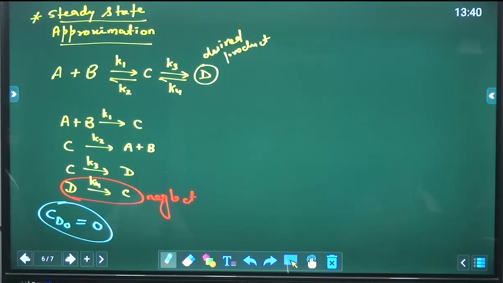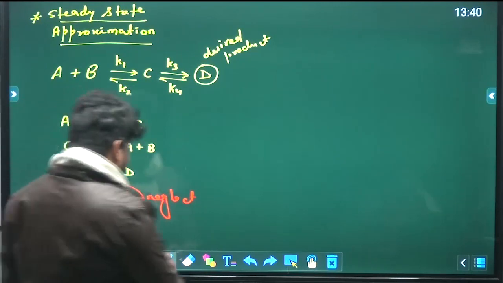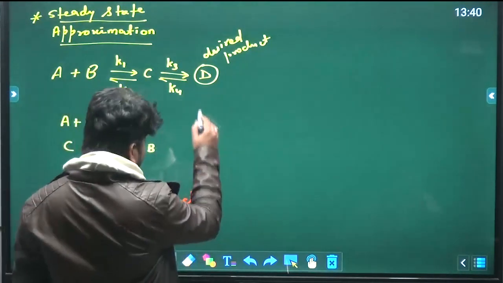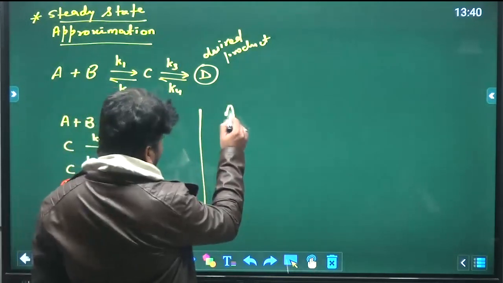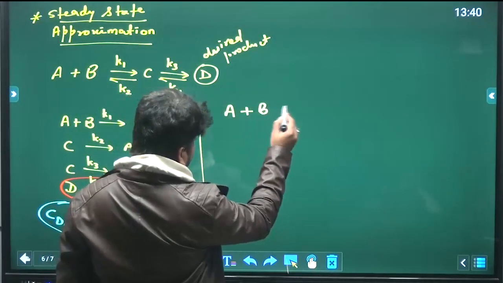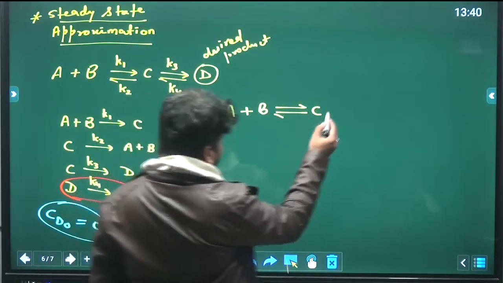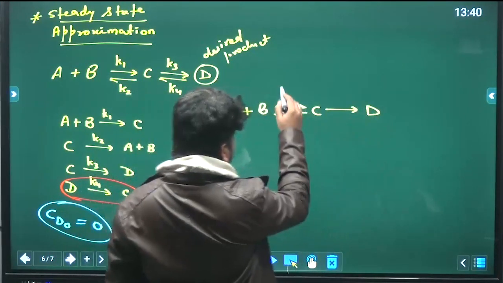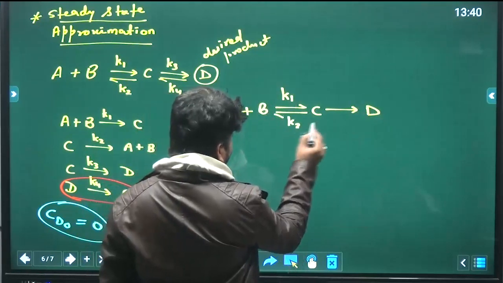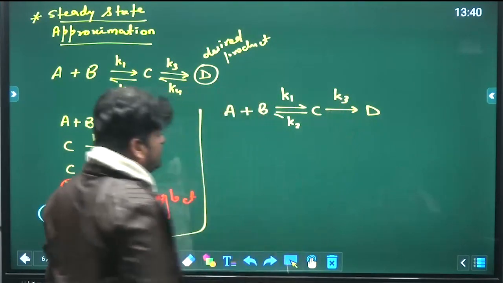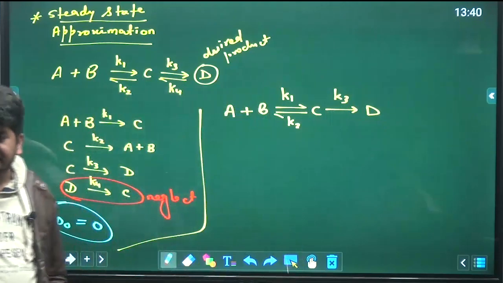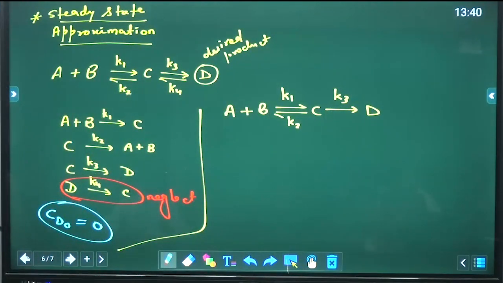So we can neglect this step. In that case your actual reaction will be A plus B gives C, C gives A plus B, and C gives D. Only this reaction mechanism will exist, which is possible.